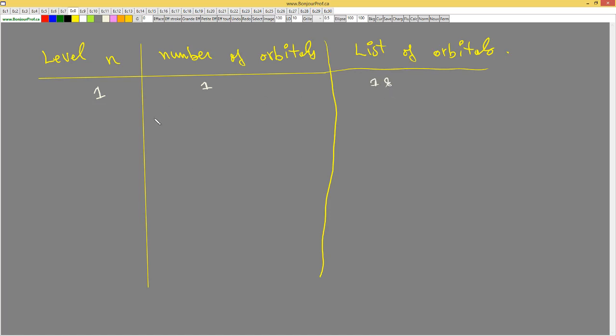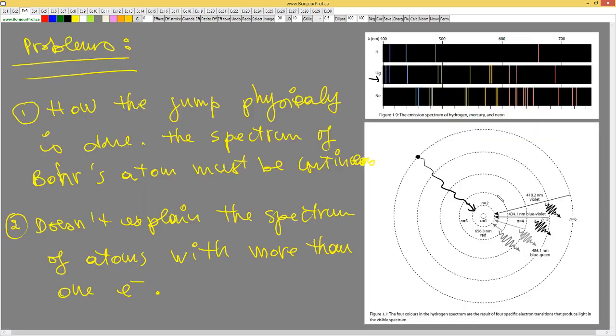If I have higher energy, I will be in level 2. Like here, I have n equal 1. You see it here. That's what it means, level 1. Here it's with orbits, but the logic stands. Why does it stand? Because we are only going to change the circles. The circles now don't represent a trajectory, but they represent levels.